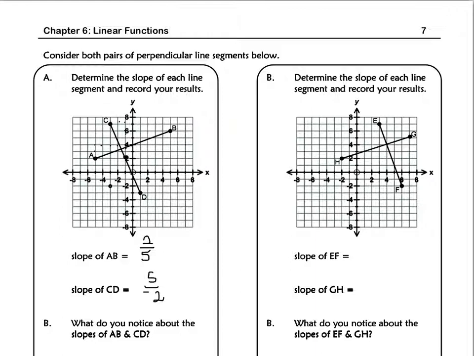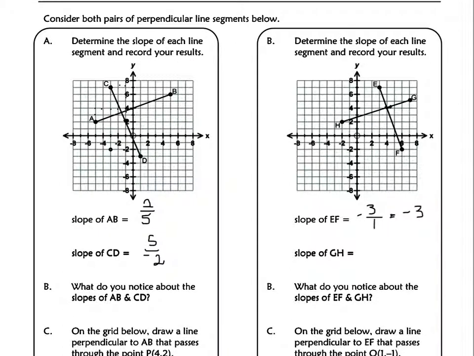So slope of EF, if we check here, we have a line from E to F, and if I use this point right here and E, we can see that there's a slope of 1, 2, 3 over 1. But again, it's negative, -3. And the slope of GH, if we go from this point over to G, we have a rise of up 1 and over 3. So that would be a rise of 1 and a run of 3.